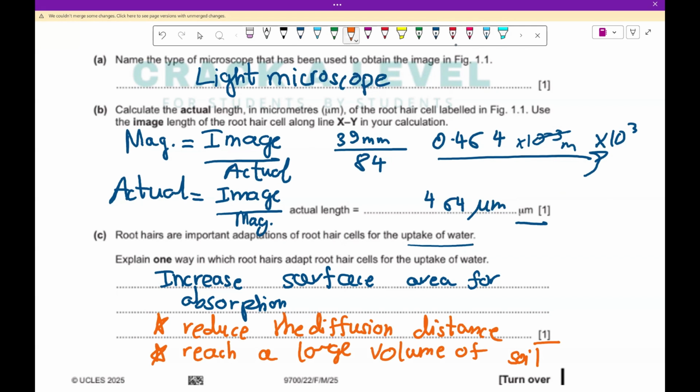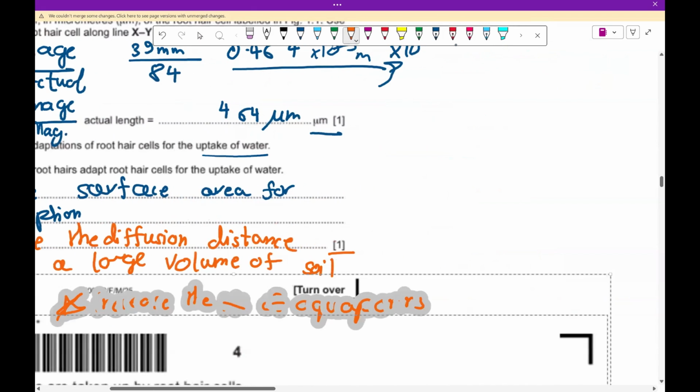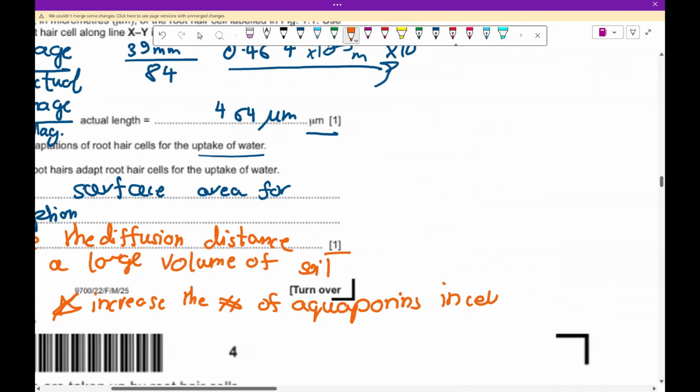Another thing which is very good if you write it is that they increase the number of aquaporins. Aquaporins are special channels in the cell membrane which are specifically for the entry of water.